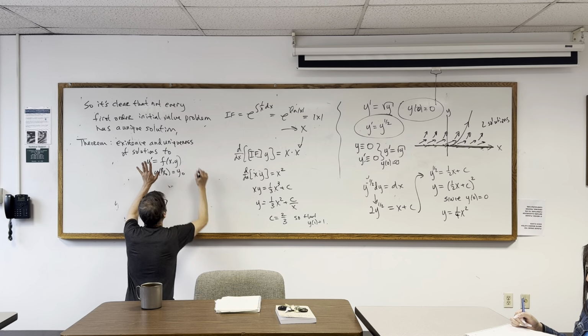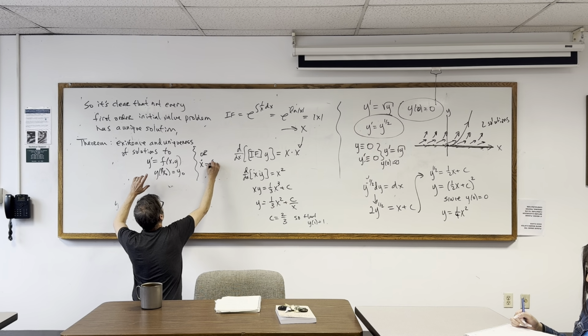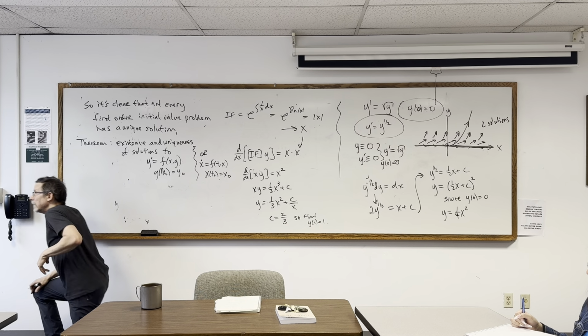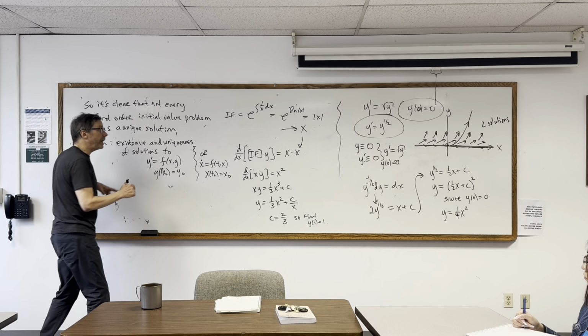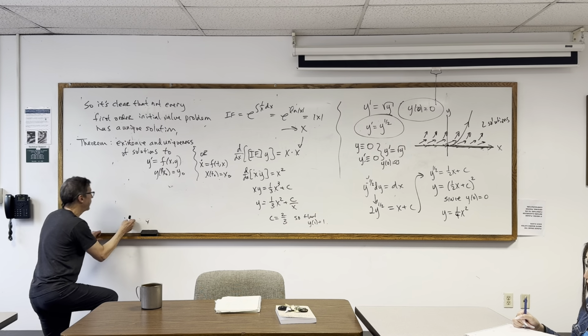Or if you want this in terms of x, it would look like this. We do these kind of problems all the time. So when can I be guaranteed that I have a single unique solution?